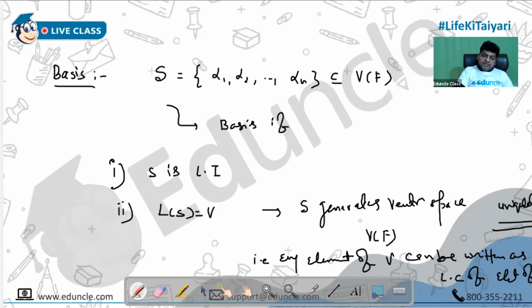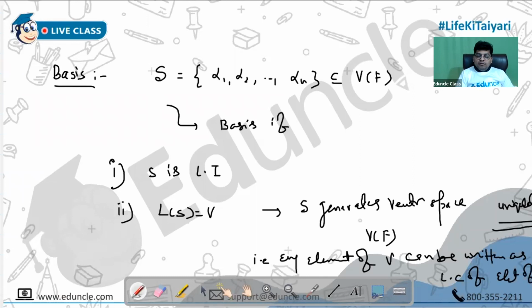Then you can say this is a basis. Basis means every element of vector space V can be written uniquely as a linear combination of elements of S. So you have understood what is the meaning of basis.